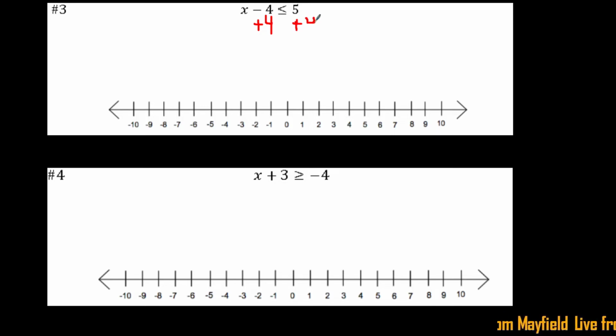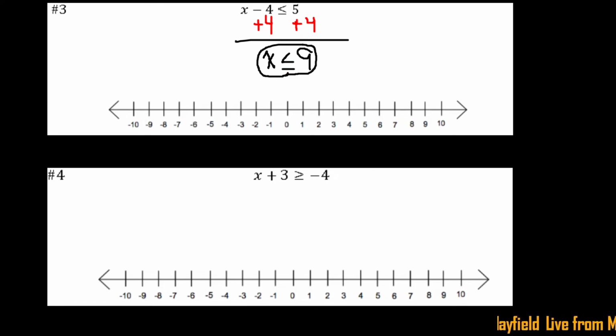So we add 4 to both sides. On the left, I have an x. On the right, I have a 9. And again, we can bring down that less than or equal to symbol. So we have x is less than or equal to positive 9.